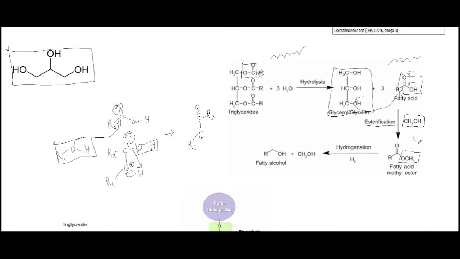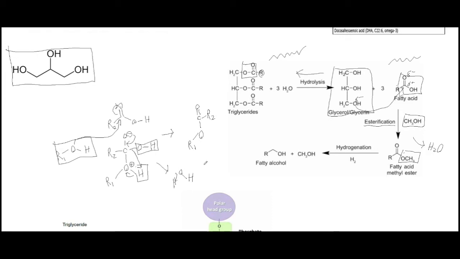So water will come off from this OH here plus this H here becomes our water. And that's how you can add some fatty acid chain onto. So I was kind of doing this in reverse.